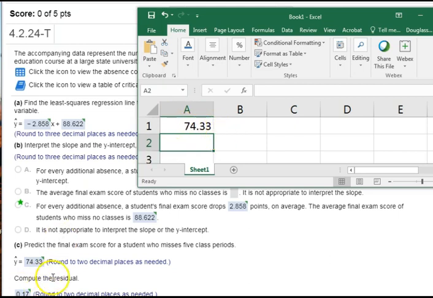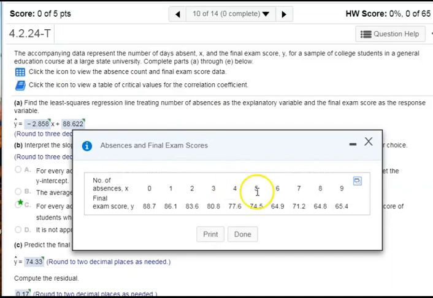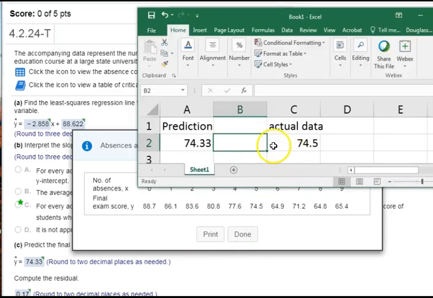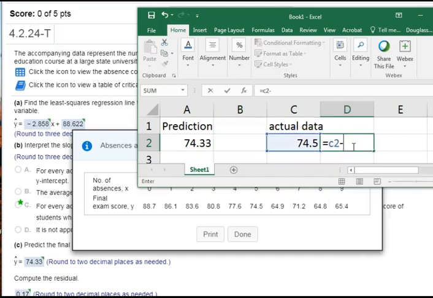Now it says to compute the residual, so it's asking how far someone in our actual sample of data who had 5 absences is from the prediction. They had a 74.5 in our actual data set. So computing the residual means taking what we had in our actual data set and seeing how far away it is from the prediction.